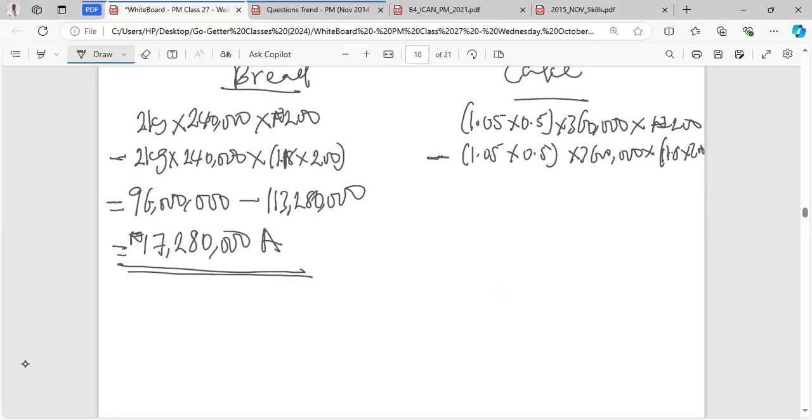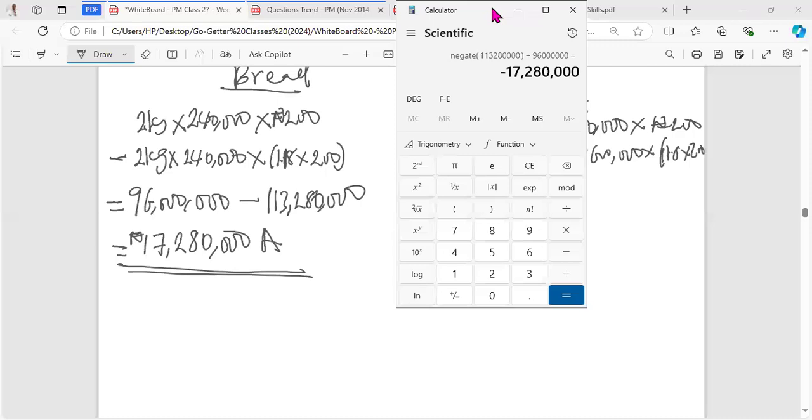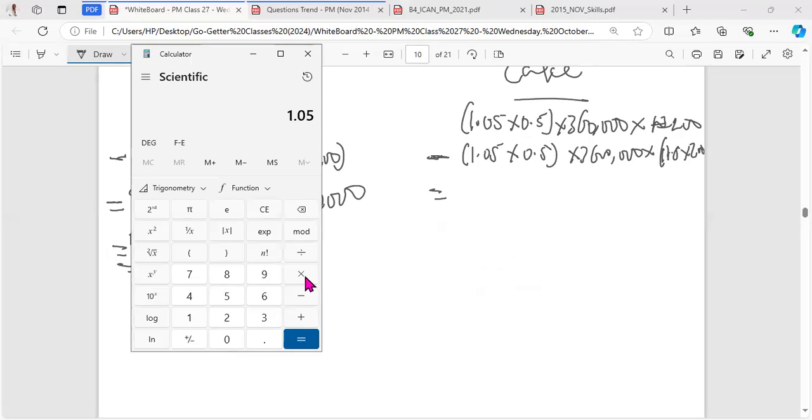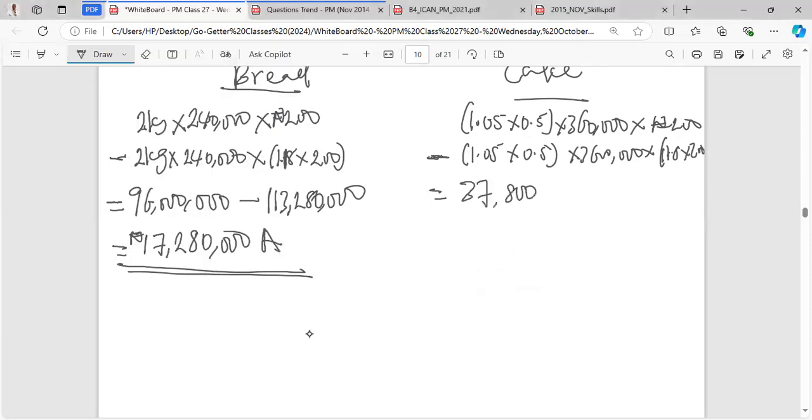Now let's look at that of cake. For that of cake, we have 1.05 multiplied by 0.5 multiplied by 360,000 multiplied by 200. And that gives you 37 million 800,000, minus.